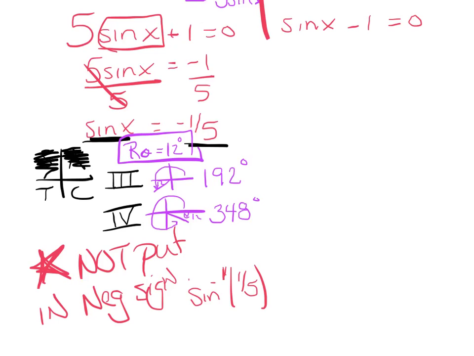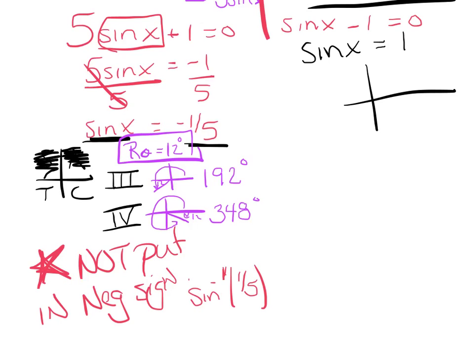All right, now I'm going to go do the same thing on the other side here. I had sine x minus 1 equals 0, so sine x equals 1. Now again, this is one you should know. It's not from your chart, because it's not a 30, 60, 45 answer. It's a 1 or a 0, which comes from the graph. So let's put our points out, 0, 1, 0, negative 1, 0. How many times did we say positive 1?